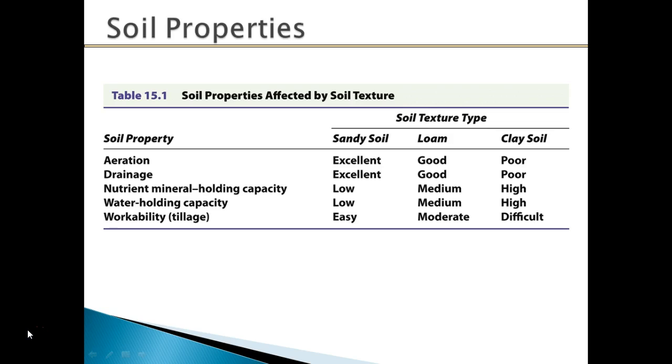So this is the best if you have a choice for farming, or you have a choice for gardening. You create or amend the soil to get it as close to loam as possible, because it gives you the best of both worlds, the clay and the sand. And that's what we're going to determine, what kind of soil we actually have here on campus, with the soil triangle in the lab.